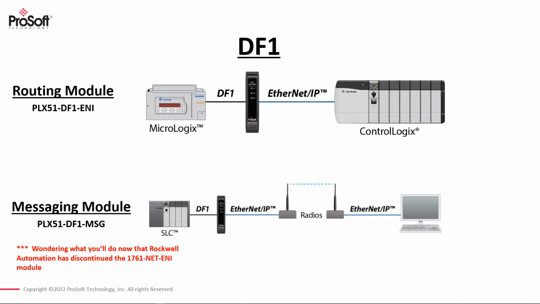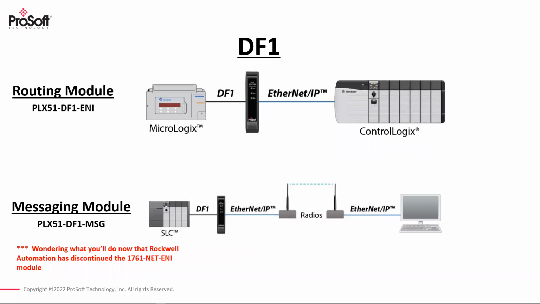For our DF1 router, we've got the DF1 routing module and the messaging module. Most people just use the routing module because they have pretty much the same cost, so you get the full functionality of the routing module. This is, again, a replacement for the 1761-NET-ENI.